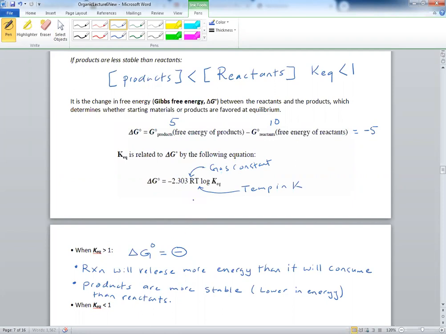That's why I get a negative, which means, again, that the energy of the products is lower than the energy of the reactants. We don't get this, by the way. We get the delta, the difference. So that delta G, when it's a negative, means the energy of the products is lower than the energy of the reactants. Therefore, they're more stable.